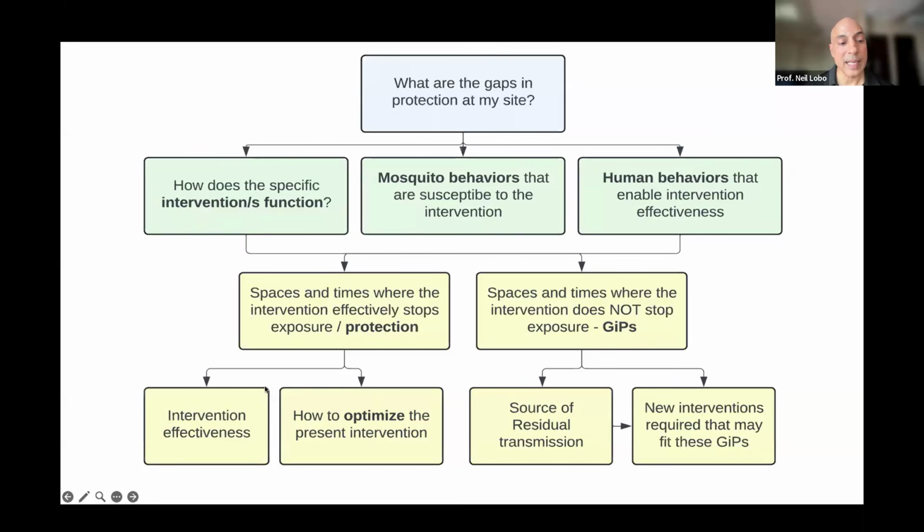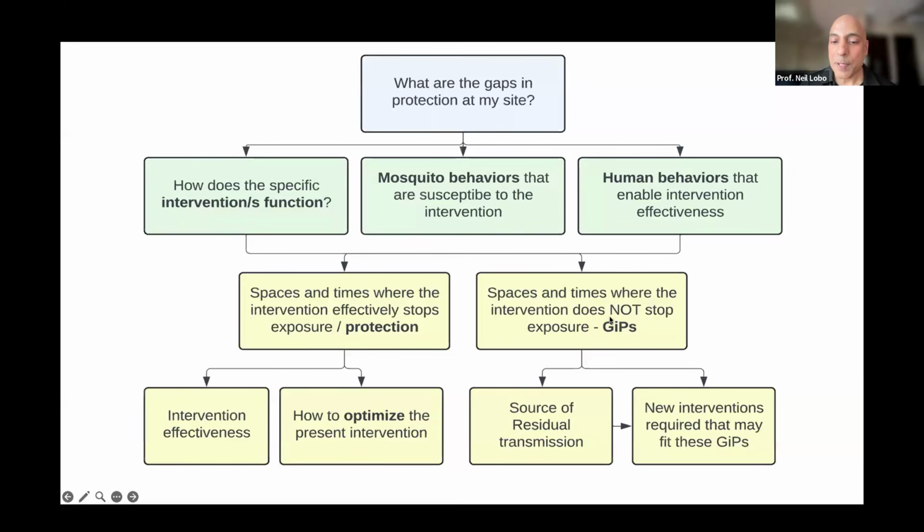And this tells us how our intervention is functioning and how to optimize the present intervention. If you remember the difference between efficacy and effectiveness, we can understand how to optimize it. How do we get the effectiveness as close to efficacy as possible? If you remember that previous slide where things keep getting reduced as each stage goes lower down the slide.